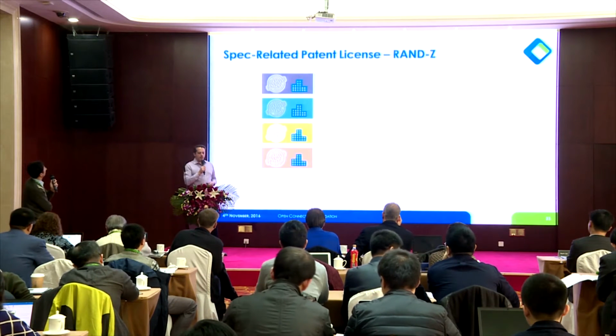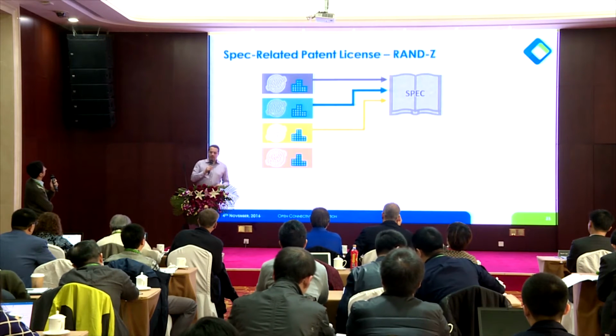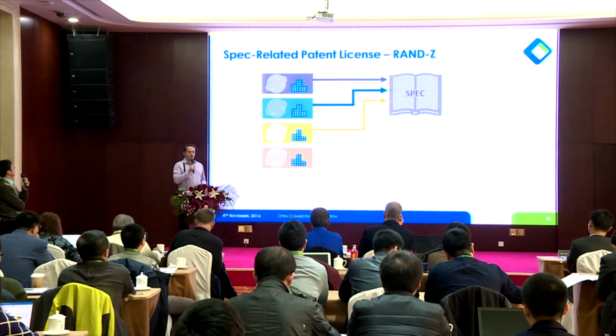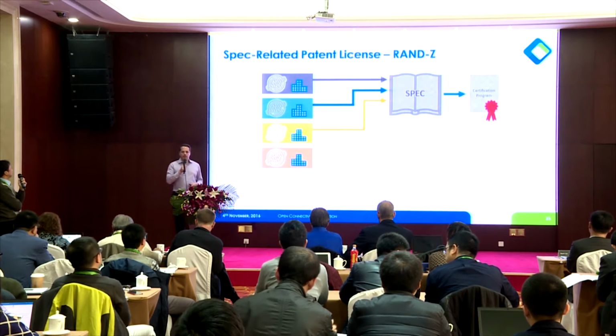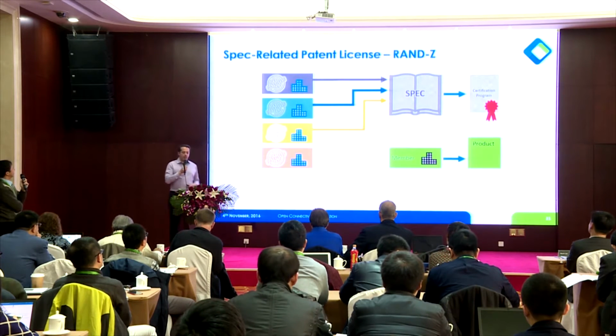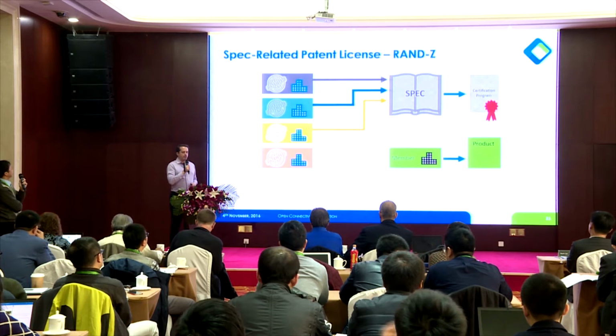So imagine that we have the same 4 members. 3 of them are contributing towards the specification. And from that specification, we develop a certification program. A 5th company, 5th member, produces a product which they get certified.